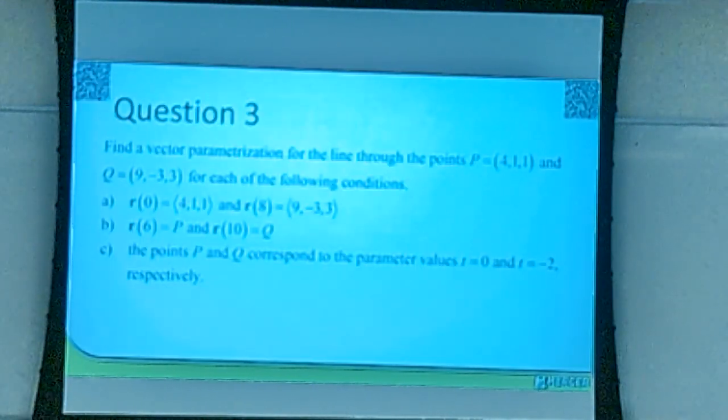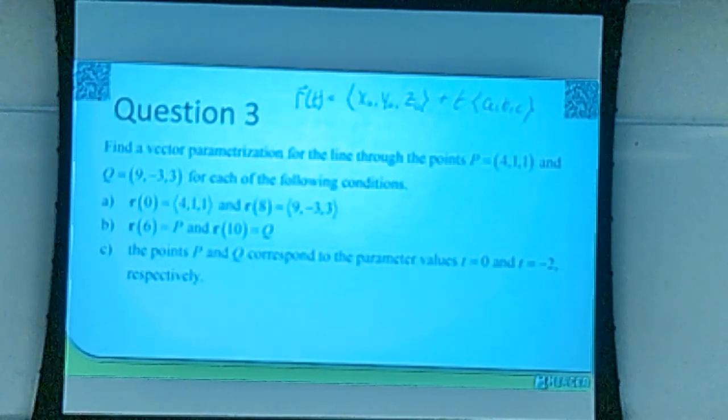if we just look at it, this would be the vector parameterization in general. x naught, y naught, z naught is any point on the line, and then the vector a, b, c is your direction vector, a vector that is parallel to the line in question.